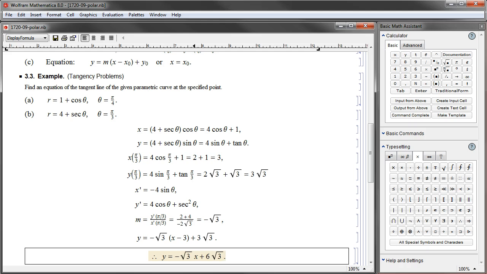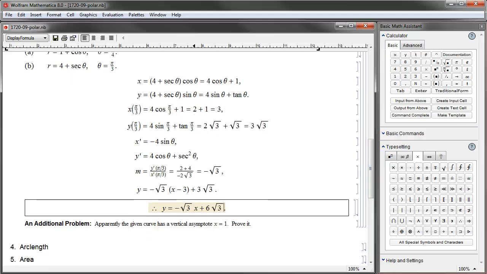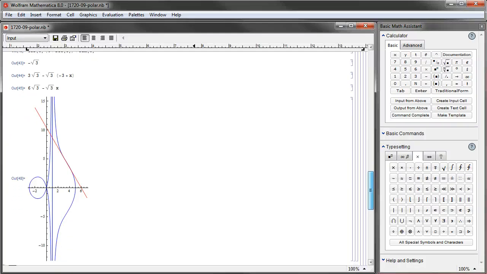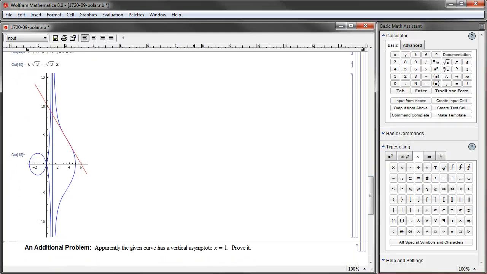By the way, here is the visualization of the curve, and obviously this blue curve, the polar curve, has a vertical asymptote. What a vertical asymptote is, you can ask yourself. That's a little bit more challenging than finding the equation of the tangent line, which is represented in red.